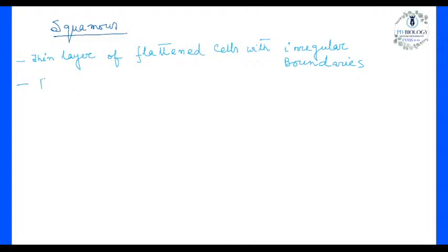These are found in the walls of blood vessels, and lung alveoli.